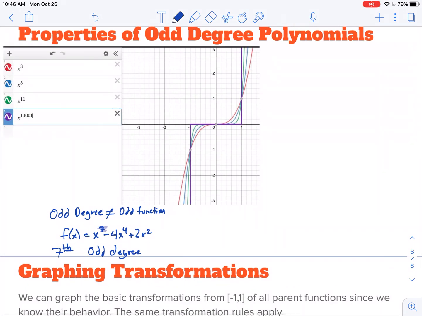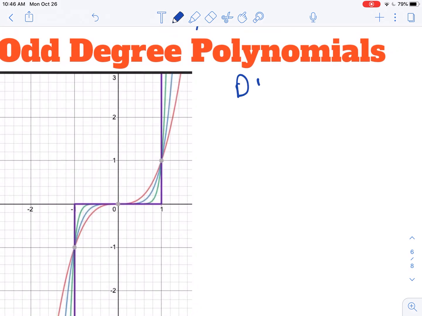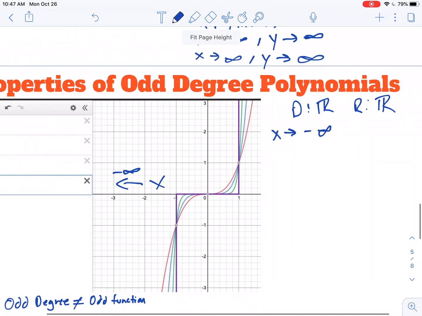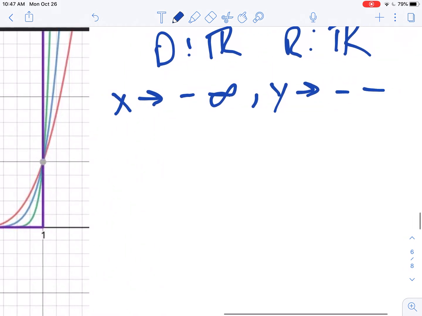So let's look at some of the properties I've got going here. Well, first of all, my domain will be all real numbers, and in this case, my range is going to be all real numbers. I've got it going both directions. As x approaches negative infinity, so again, as I go towards the left, as I'm looking at my x values getting a larger and larger magnitude in the negative direction, y also approaches negative infinity.